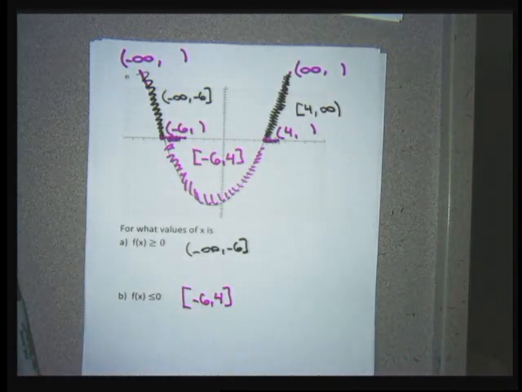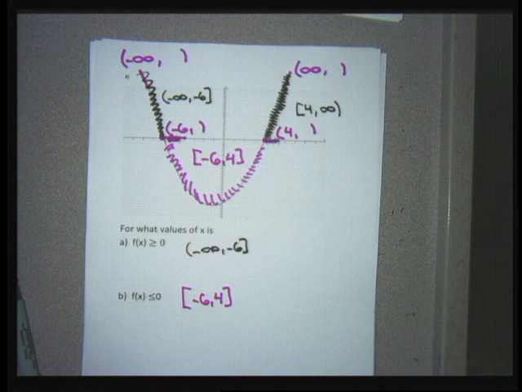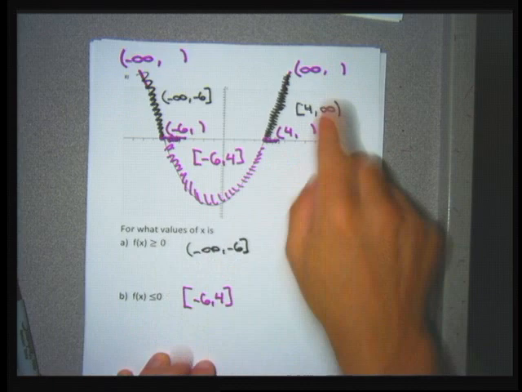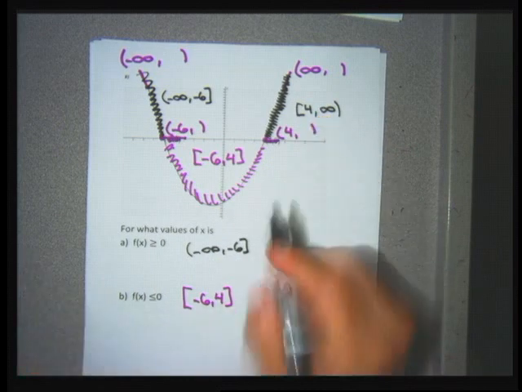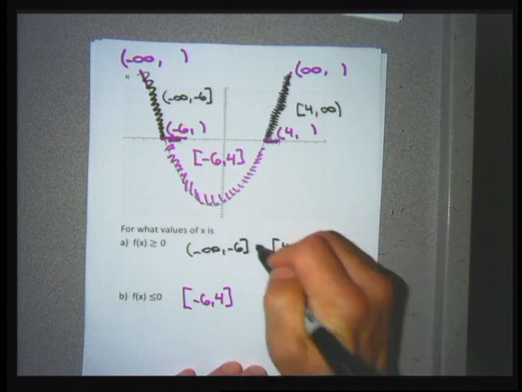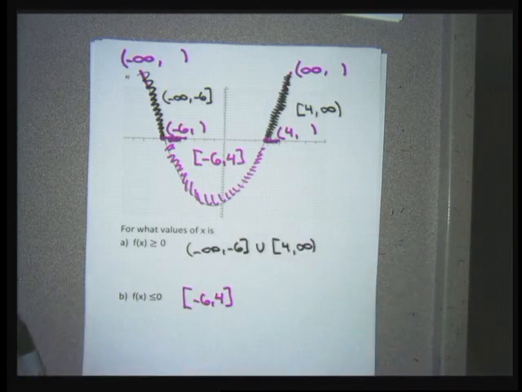So there are 3 intervals that need to go in my answer. Any interval that's beneath the axis goes in part B. Any interval that's above the x-axis goes in part A, because A is greater than 0, y is above the x-axis. And because this region is above the x-axis, I'm going to put it in the A region. Since there are 2 intervals, I separate them with a union sign.